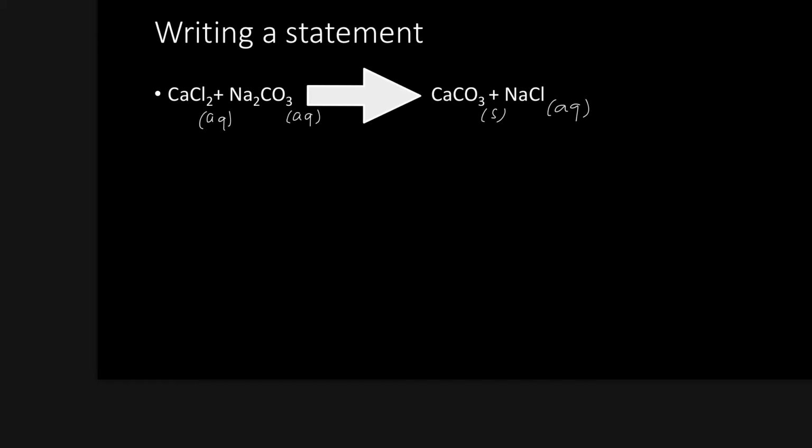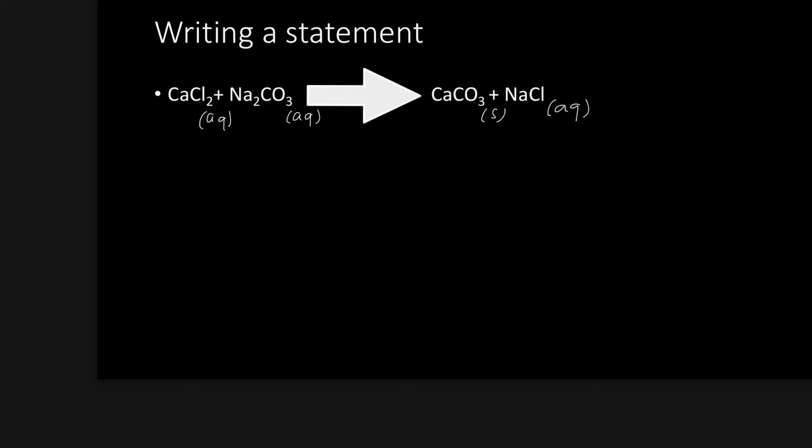One very important detail that I forgot to give you in this example, so I had to write it after the fact, was the phases in parentheses at the bottom. So you have aqueous calcium chloride, aqueous sodium carbonate, solid calcium carbonate and aqueous sodium chloride.